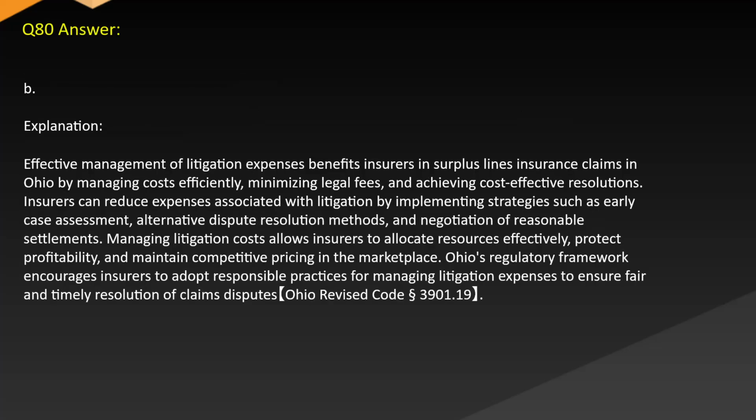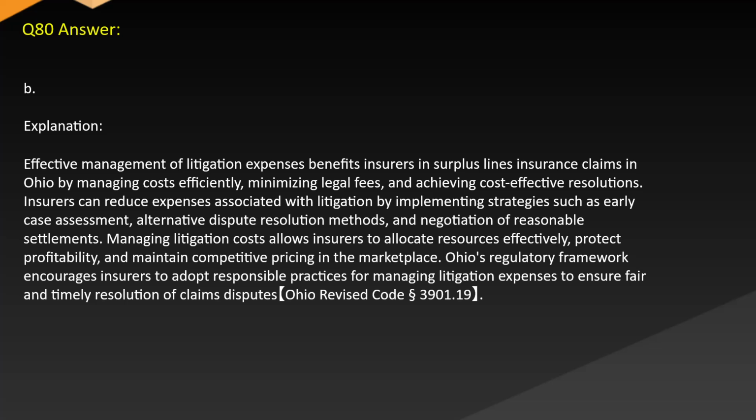Answer: B. Explanation. Effective management of litigation expenses benefits insurers in surplus lines insurance claims in Ohio by managing costs efficiently, minimizing legal fees, and achieving cost-effective resolutions. Insurers can reduce expenses associated with litigation by implementing strategies such as early case assessment, alternative dispute resolution methods, and negotiation of reasonable settlements.